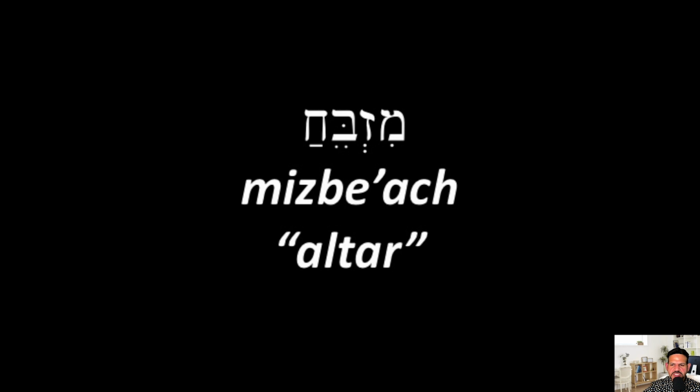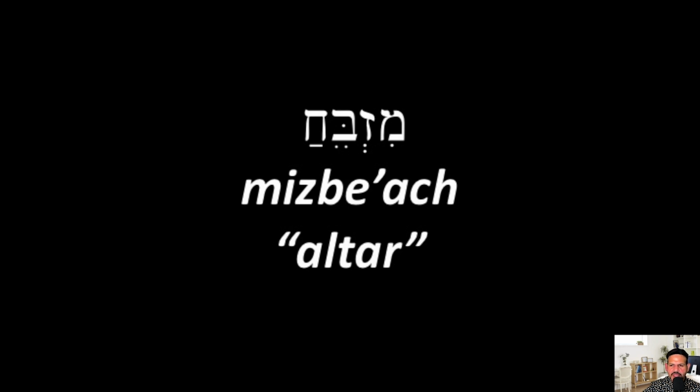And then what's interesting is under the letter chet, which is ch, we have a furtive patach. A furtive patach. What does that mean? The furtive patach steals the show and sounds before the consonant. We might think it should be pronounced mizbecha, but no, it's mizbeach.